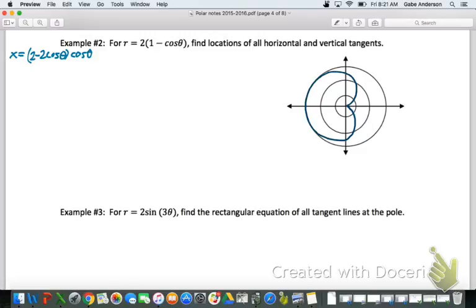And then I can also say y equals r sine theta. So that would be 2 minus 2 cosine of theta, times sine theta.